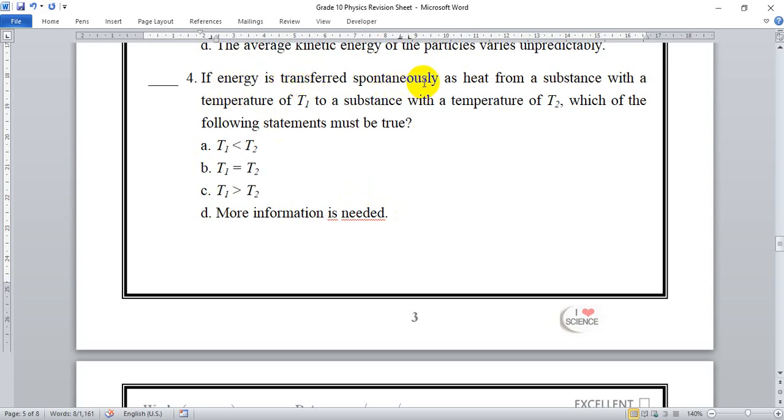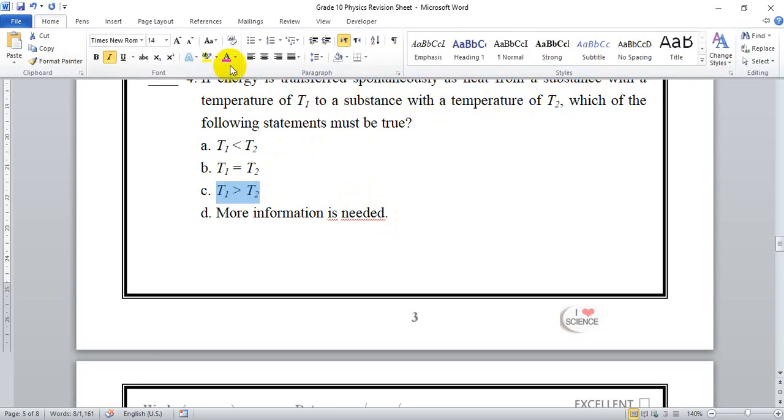It is transferred from a substance with temperature T1 to a substance of T2, so T1 must be greater than T2. So choice C.